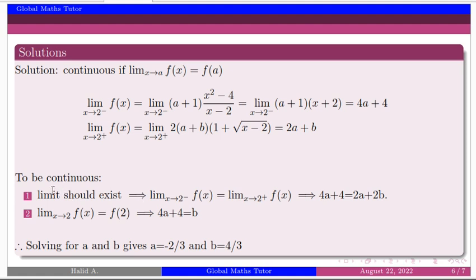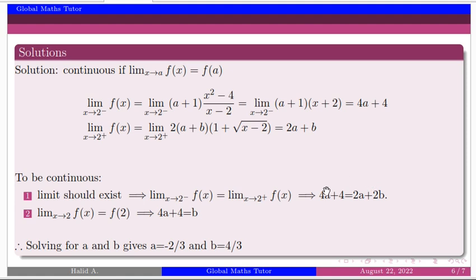And then, to be continuous, the limit should exist. The limit exists if and only if the left-hand and right-hand side limits exist and are equal. That means 4a plus 4 must be equal to 2a plus 2b.